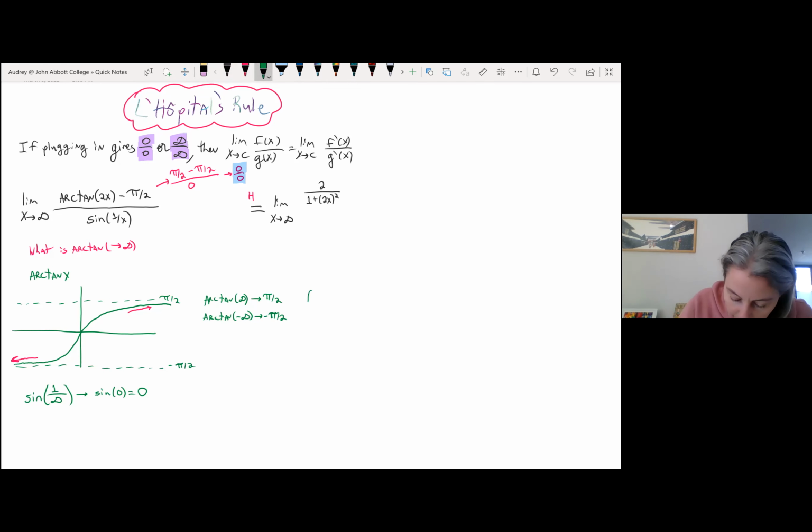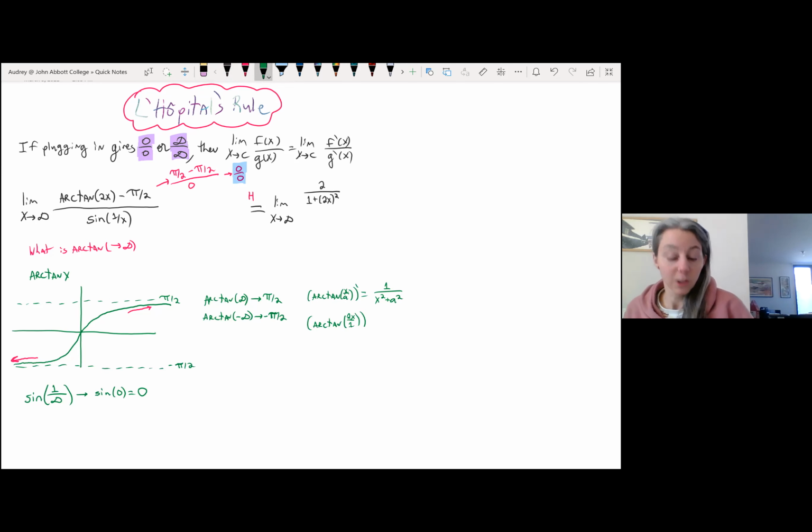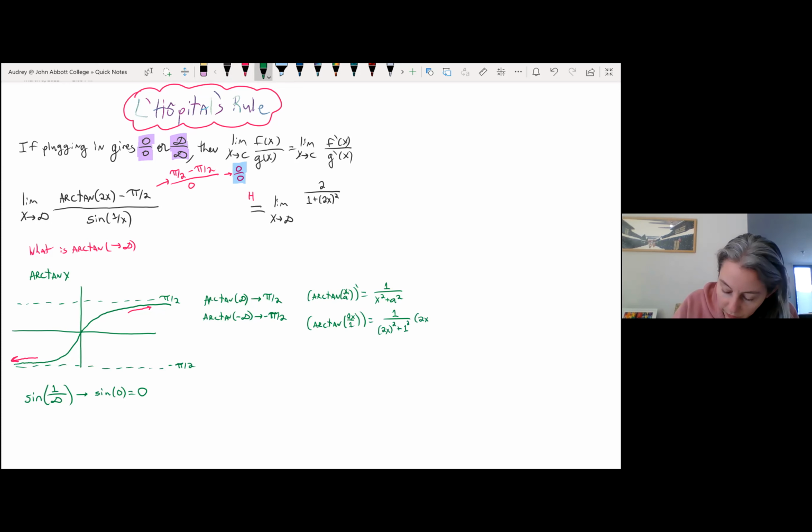The derivative of arctan of x over a, we know is equal to 1 over x squared plus a squared. So here I can think of this as 2x over 1, so that my a here is 1. So then this is 1 over 2x squared plus 1 squared times the derivative of 2x, which gives me 2 over 4x squared plus 1.